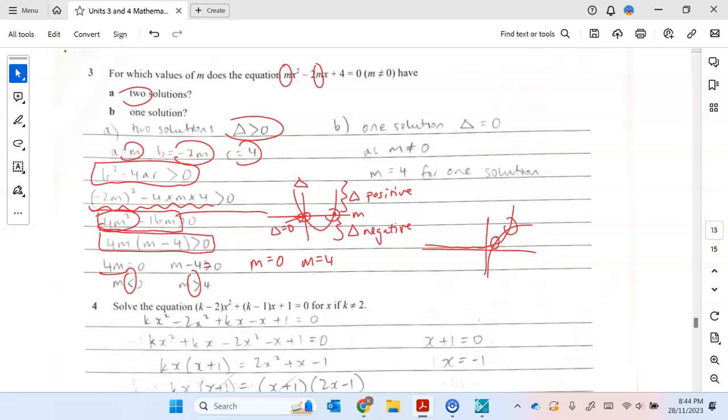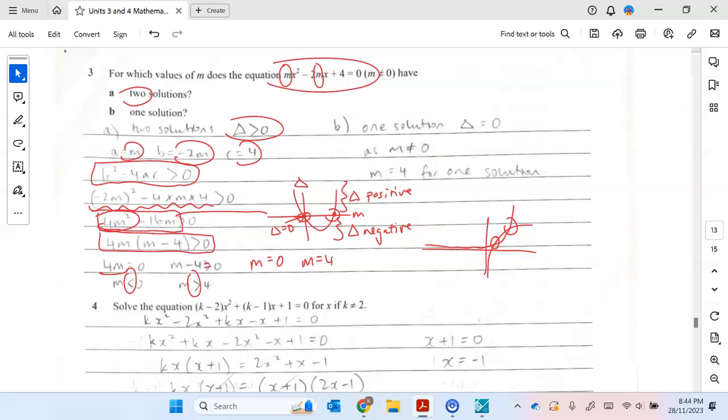We might do some of these in class because students often have trouble deciding on which inequality sign to use. Graphing it is probably the easiest, but getting your head around graphing the discriminant, which is different to your original quadratic, might be a concept that we'll need to work on.